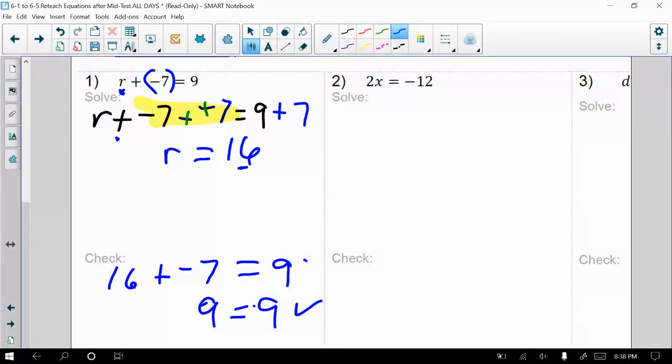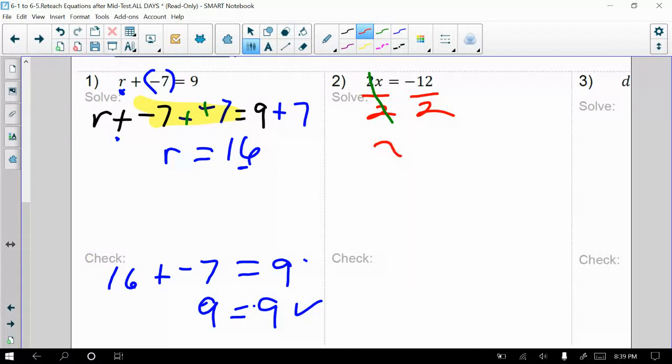All right, number 2 has a multiplication. Remember, that means 2 times x equals -12. If we divide both sides by 2, that makes my 2's here disappear.